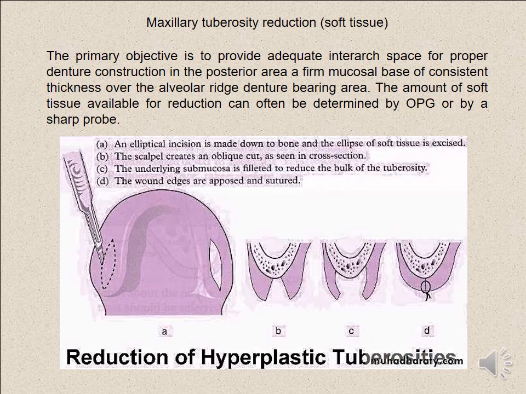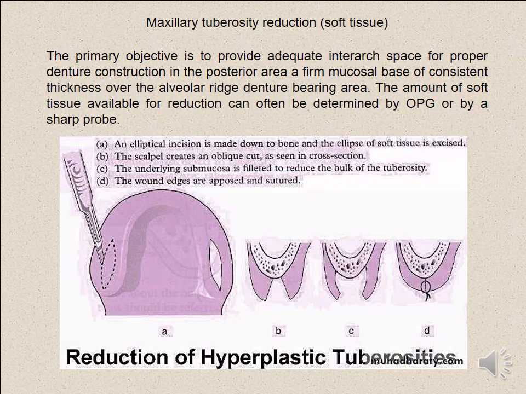If there is soft tissue enlargement, the procedure, after giving anesthesia, is an elliptical incision made down to bone, and the ellipse of soft tissue is excised. The scalpel creates an oblique cut as seen in cross section. The underlying submucosa is thinned to reduce the bulk of the tuberosity.